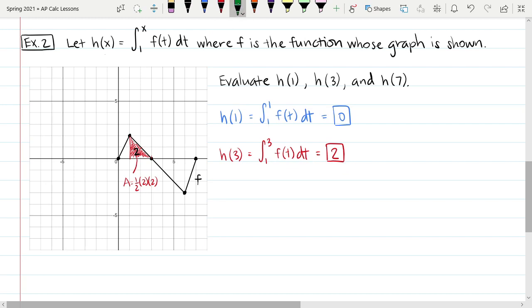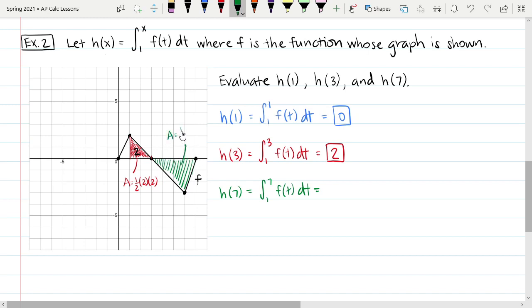And then finally for h of 7. Again, that's now the integral from 1 to 7 of f of t dt. So we're looking for the net area from 1 to 7. Now, remember, from 1 to 3, that was already positive 2. From 1 to 7, again, we've got this triangle down here. So this has a height of 3 and a base of 1, 2, 3, 4.